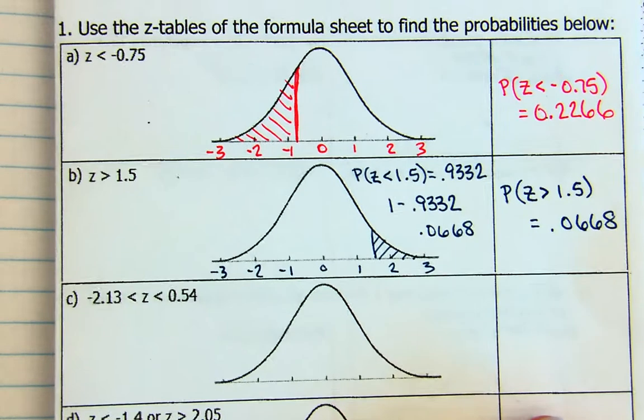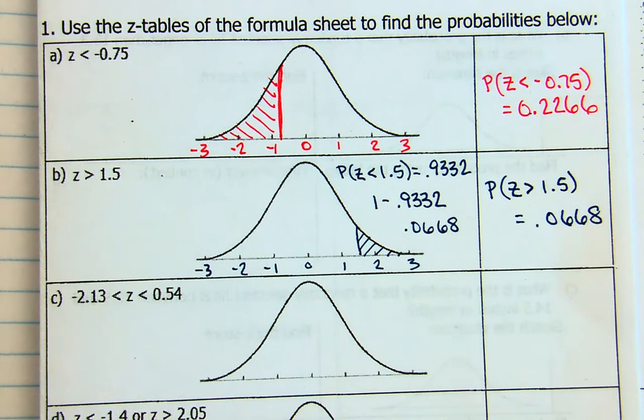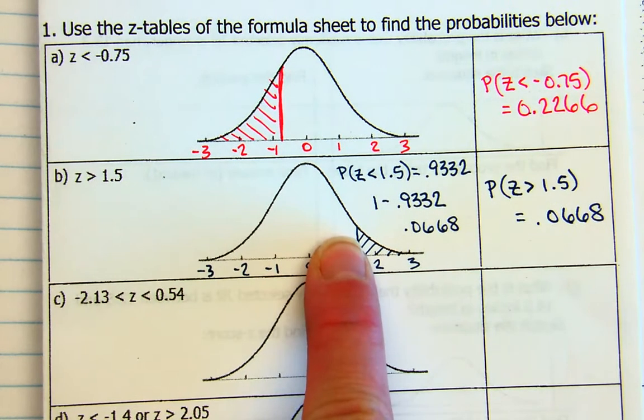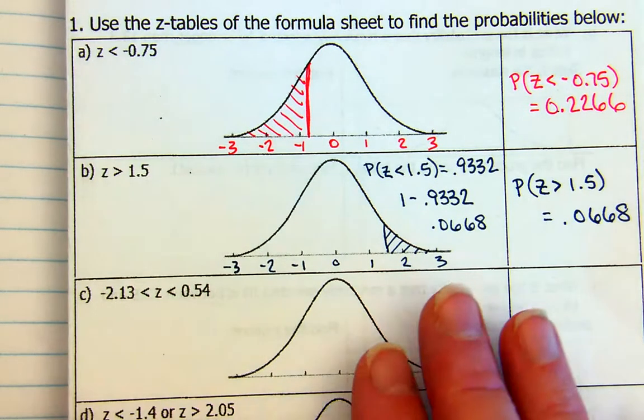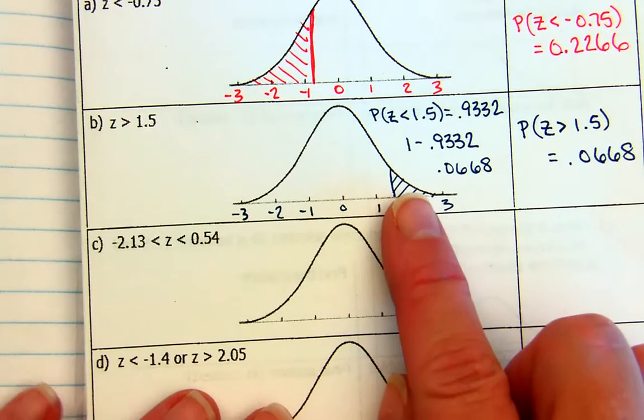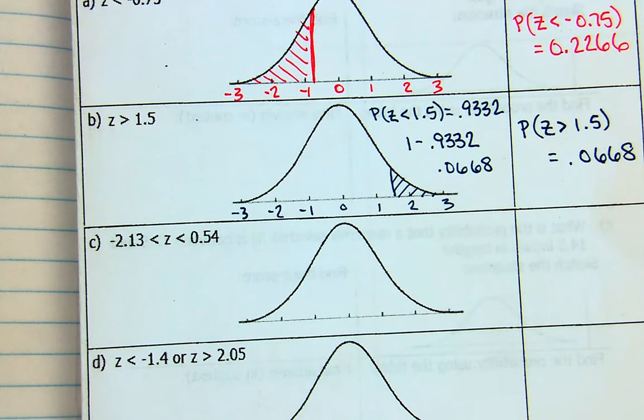Good question. Okay. I'm going to show you a different way of doing this one because some people like this other method better. And personally, this is the one that I usually use. Remember how we talked about the normal distribution being perfectly symmetrical.